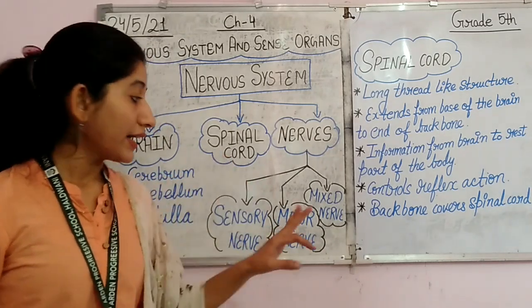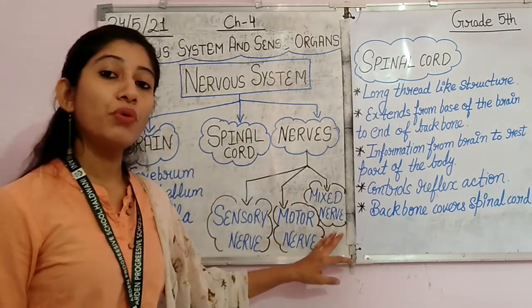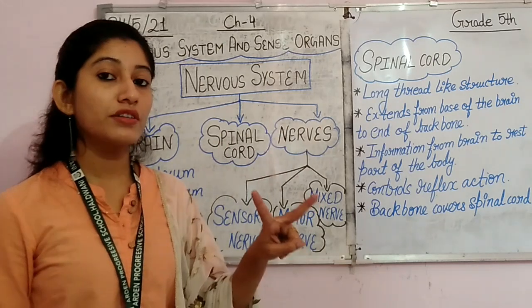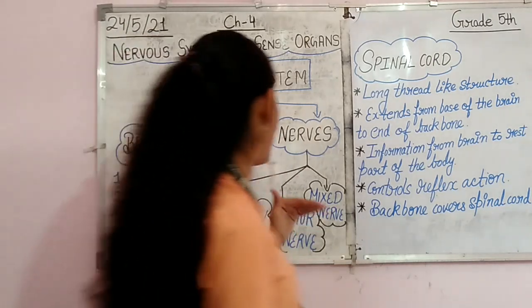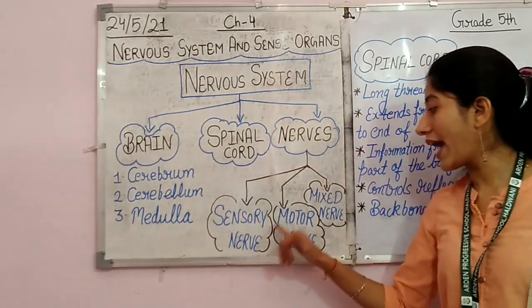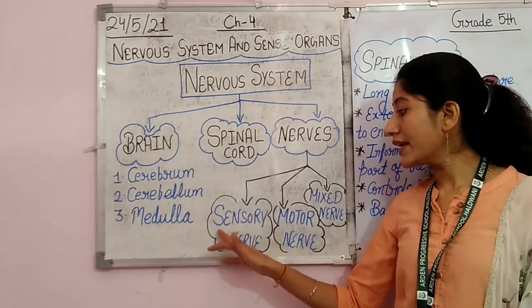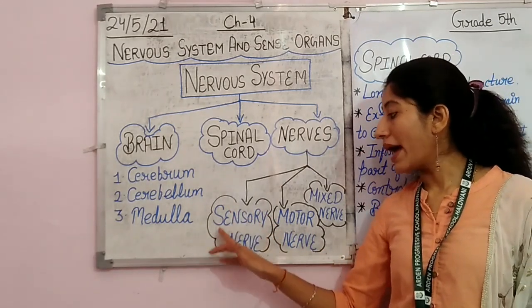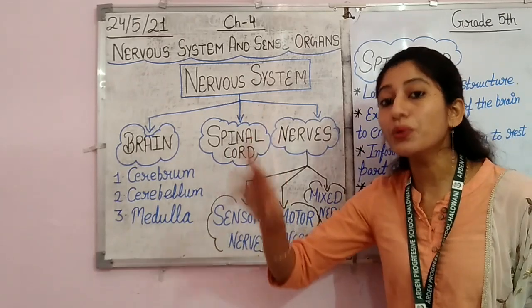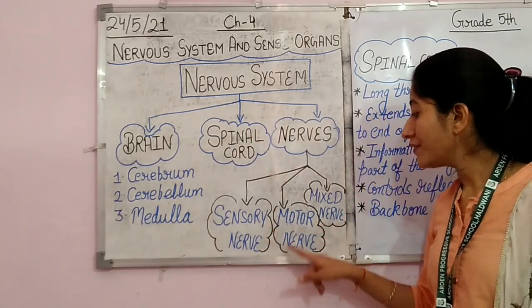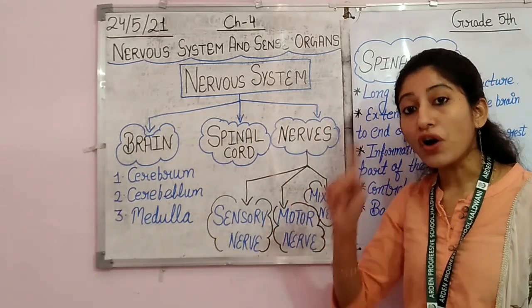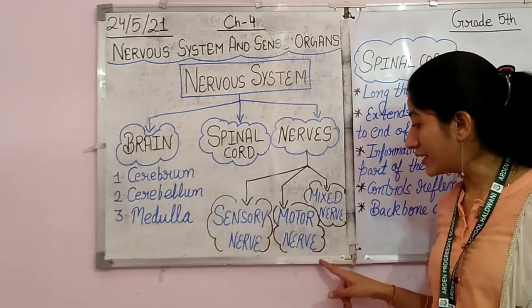See, a mixed nerve shows both the functions, the functions done by the sensory and the motor nerves. The sensory nerve takes the message from the sense organ to the brain. The motor nerve takes the order from the brain to the muscles.